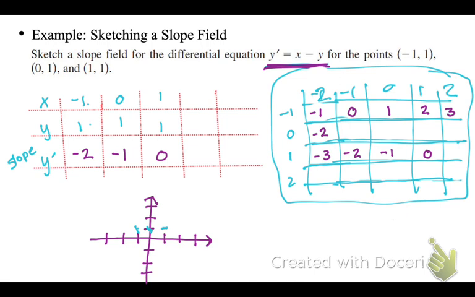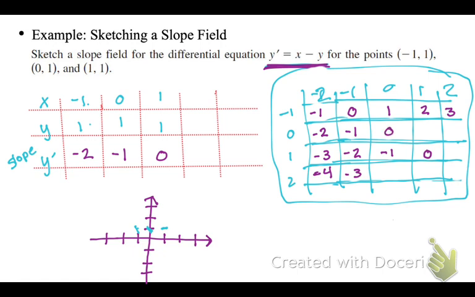And then 2, negative 2 would be negative 4. Okay, and then negative 1, 0 would be negative 1. Negative 1, negative 2, or negative 2, 2, the whole thing's negative 3.